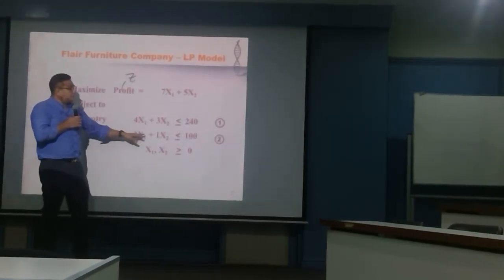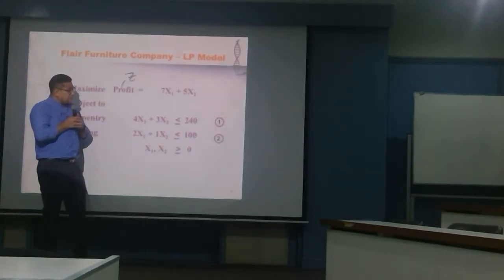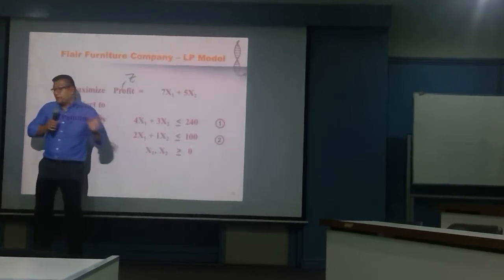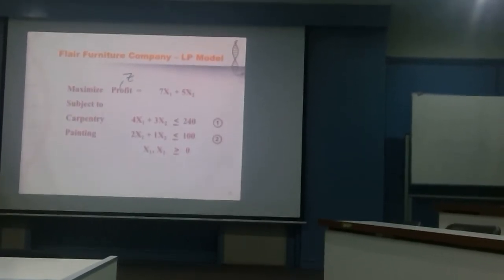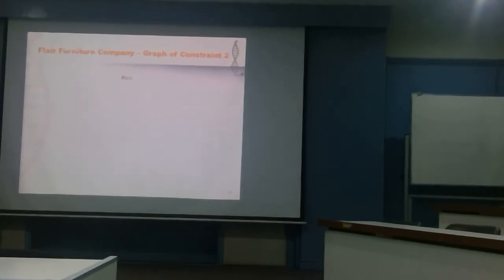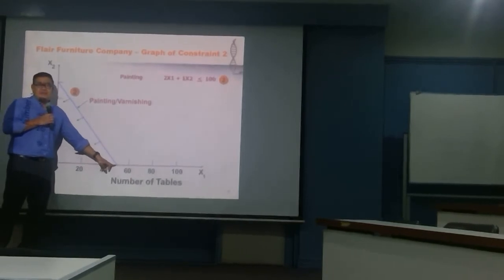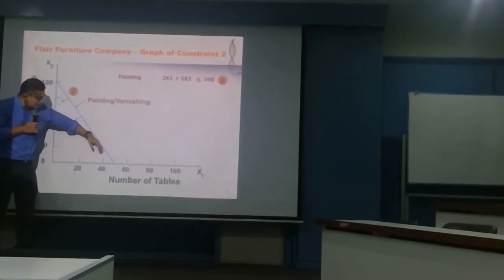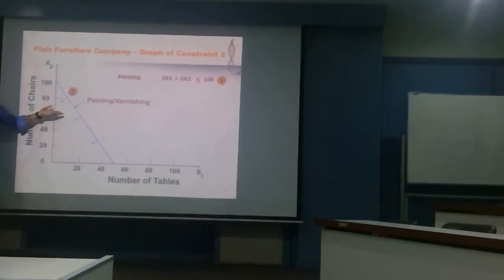We have 2x1 equal to 100, so x1 cuts at 50. For the x2 intersection, substitute x1 to be 0. We have x2 cutting at 100, and then we connect them together. So the graph of the second constraint is going to be just like this. It cuts x1 at 50, x2 at 100, and it's less than or equal to, so we shade below the line.